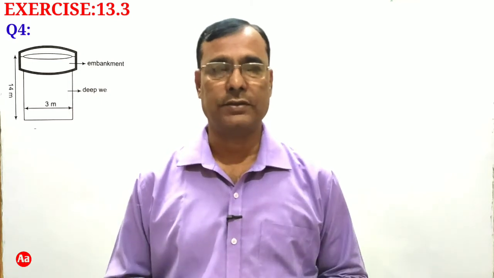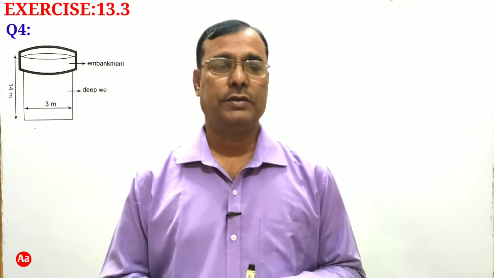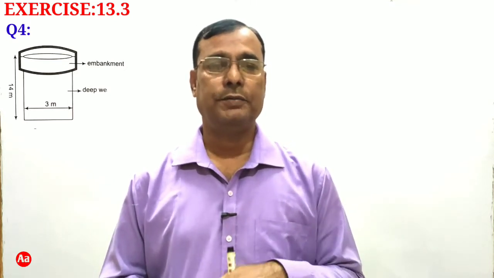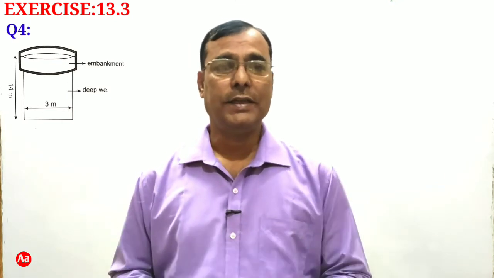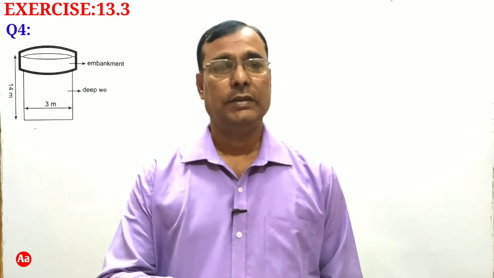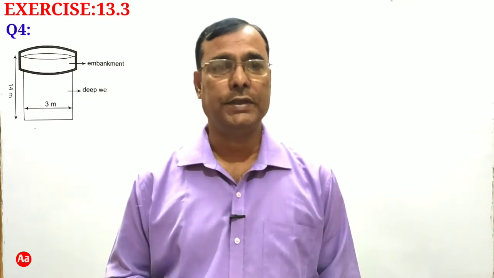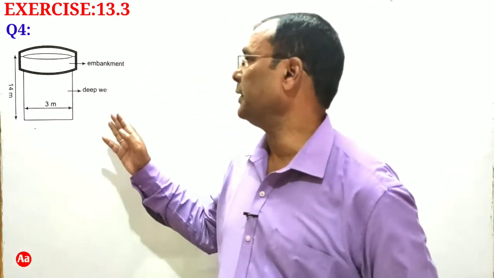So in this question also, like question number 3, the earth is dug out from the well of diameter 3 meter and depth 14 meter. That earth is evenly spread all around the well in the form of circular ring of width 4 meter to form a circular embankment as shown in this figure.